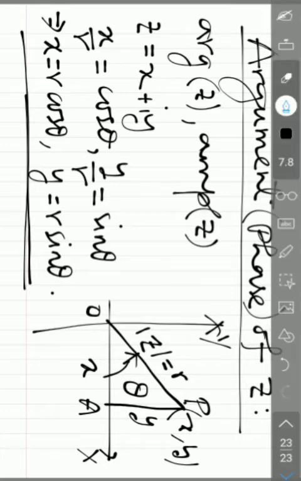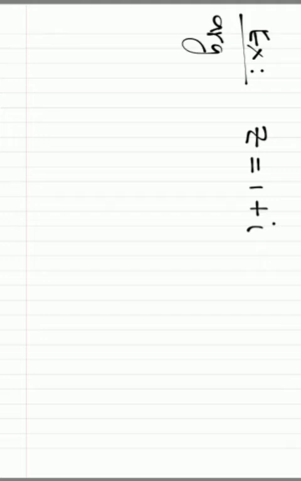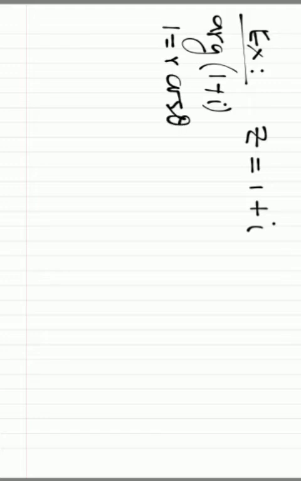So let us see one example. Suppose we are taking the number z to be 1 plus i. So then we are actually finding the argument of 1 plus i. So we can consider this 1 as r cos theta and the other one, that is the imaginary part, as r sine theta.